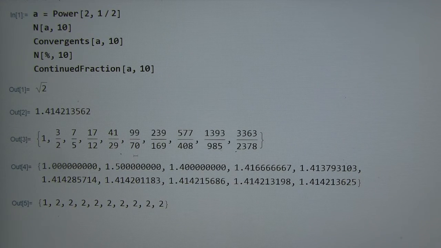Maybe 17/12. Okay, so that's the fourth one. Comparing 1.416 repeating to 1.41421, we've already got it to 2 decimal places after this fourth approximation. And that would be a pretty good approximation for root 2.